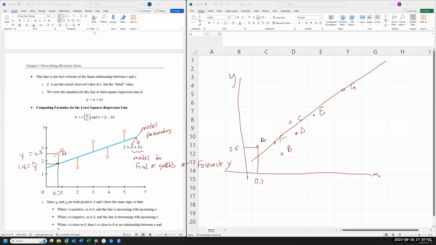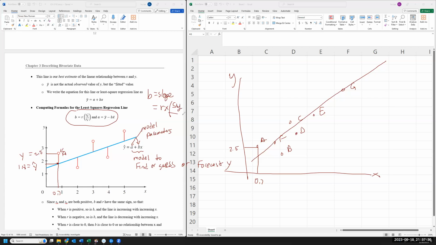Okay, so let's first figure out the formula to find our guess of y, and that is right here. b, which is the slope, that is equal to the correlation coefficient times standard deviation of y divided by standard deviation of x. Let me read.